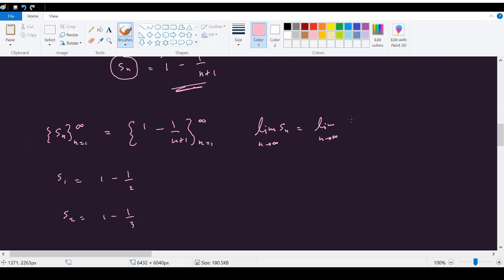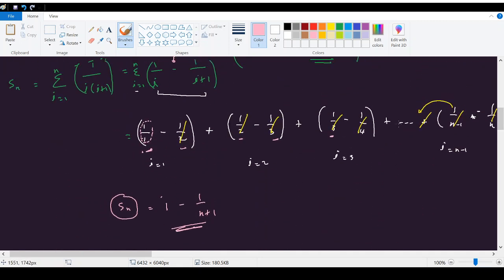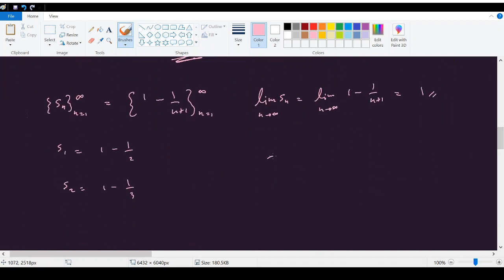So once you have this expression, you can easily compute the limit of our partial sum sequence, right? Which is 1 minus 1 over n plus 1, and that is equal to 1. When n takes a larger value, this becomes 0. So what remains is 1, right? But see, if you did not do this simplification or this decomposition, then the partial sum is represented like this. Okay, i goes from 1 to n.